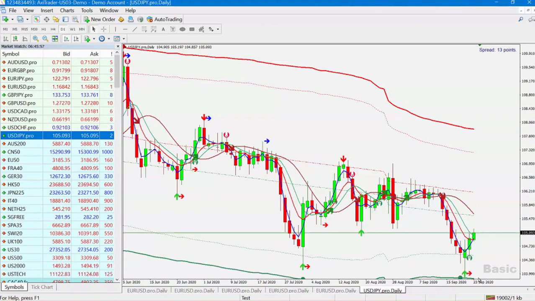The lower part of the channel, the lower band, is actually very flat. The center channel is also down and the upper channel is down. So this right now is actually more of a retracement rather than a strong move to the upside.